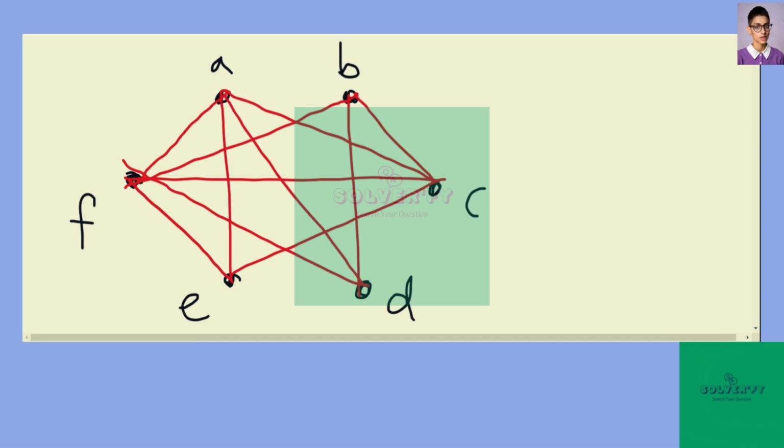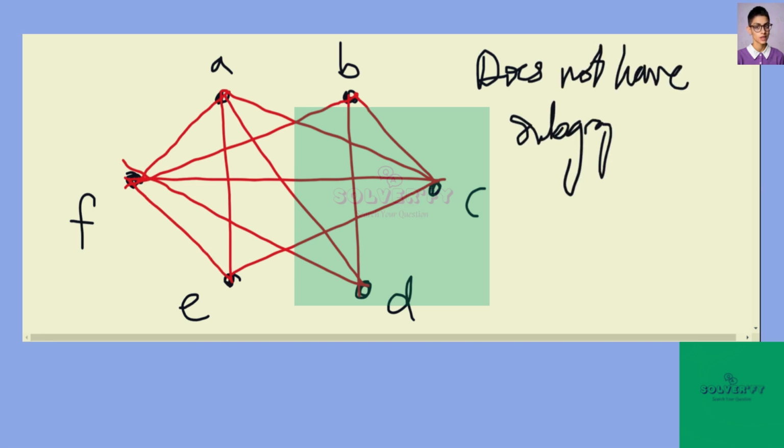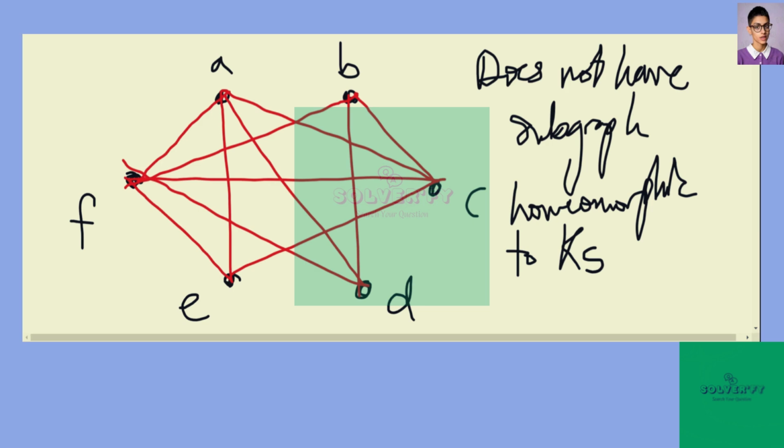Now, notice that the given graph doesn't have a subgraph homeomorphic to K5. And to see why, this is because 3 of the 6 vertices in this graph have a degree of 3.